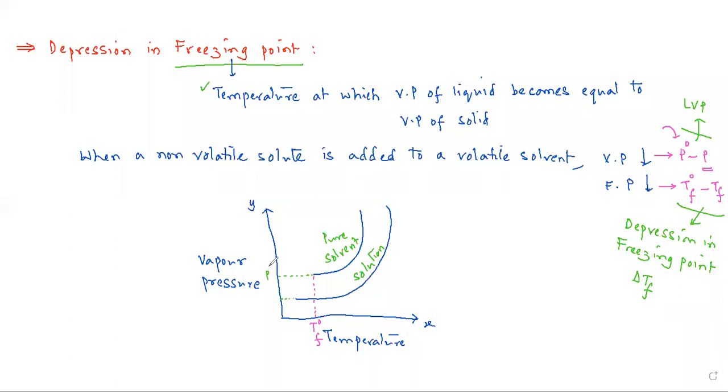This is P naught. This is P. And when you consider this, this is of course TF, the freezing point of the solution. Now this difference is what is given as delta TF, depression in freezing point.